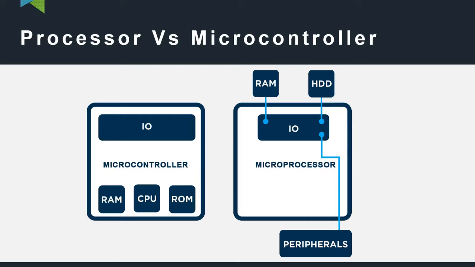In the block diagram, the microcontroller shows I/O, input output, RAM, CPU, ROM on the same board, and the microprocessor only has the CPU. So I think from the previous example, it's clear.